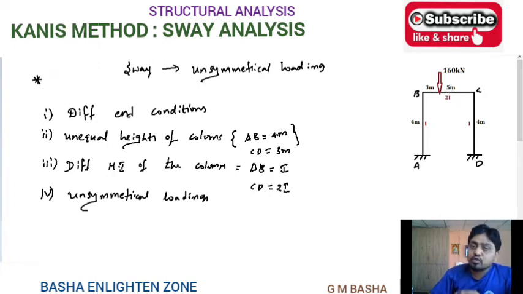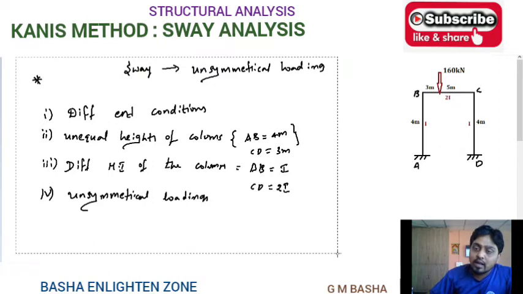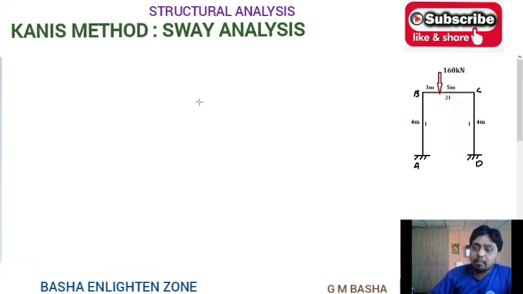So our first step is to find out the fixed moments. We already solved so many examples based on beams and non-sway frames. The entire procedure will be the same, but we have to remember that we include the displacement factor in Kani's method.